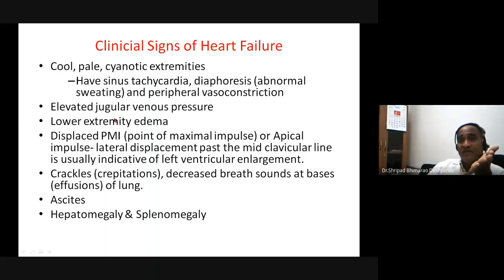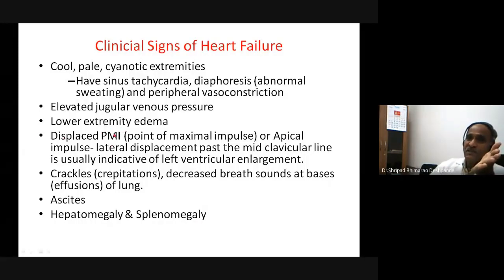You can see the pulsations very clearly, and if you measure the pressure, it will be higher. Then you have pedal edema, the lower extremity edema. On examination of the cardiovascular system, you may find displacement of the PMI. PMI is the point of maximal impulse. This is the newer terminology; it is nothing but the apical impulse. It is called PMI in the newer textbooks.